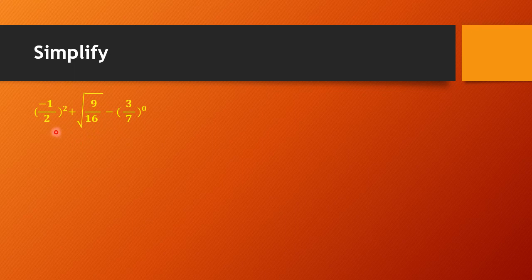Negative (1 over 2) power 2 plus square root of 9 over 16 minus (3 over 7) power 0.